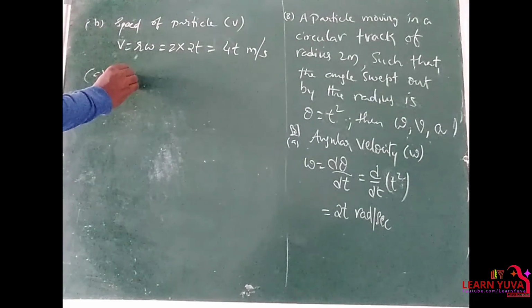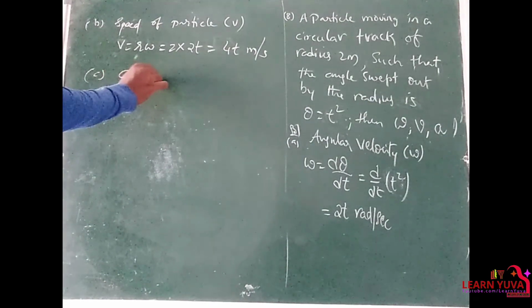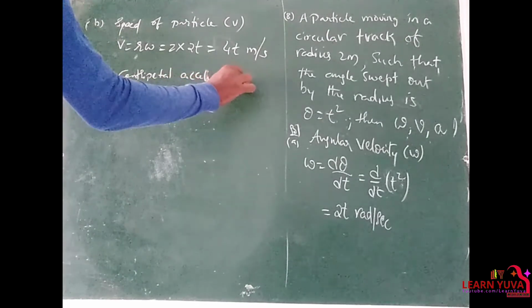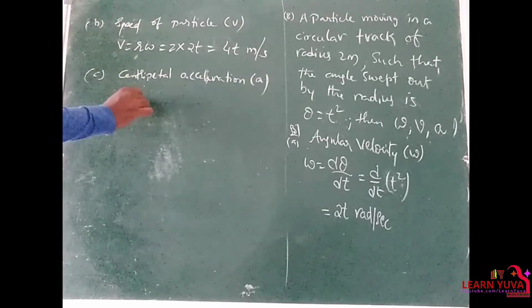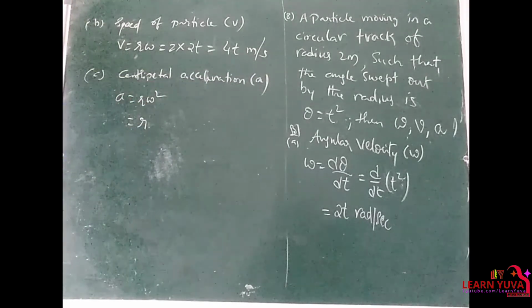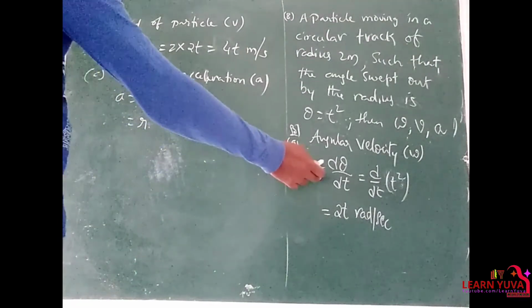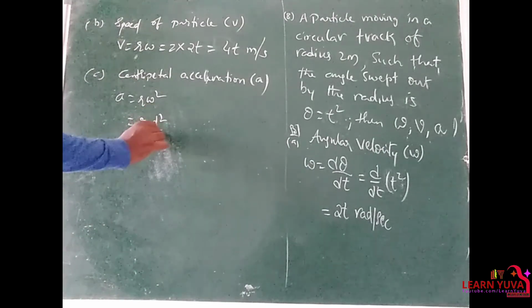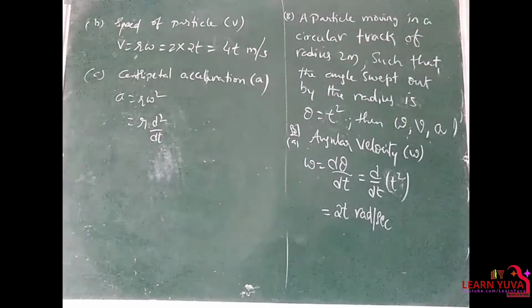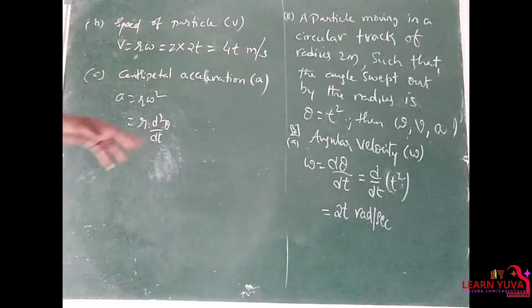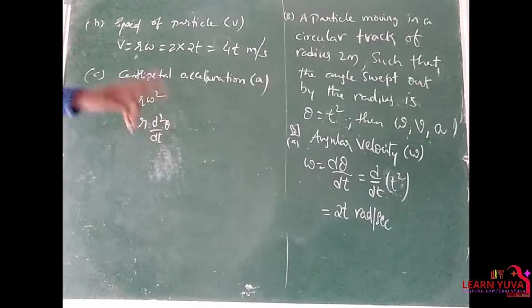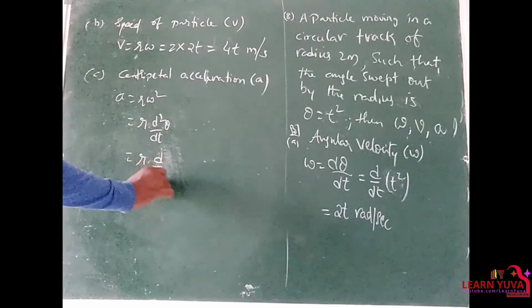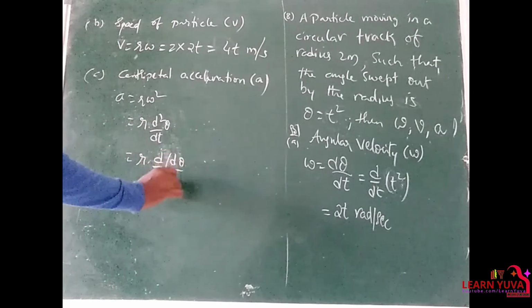So centripetal acceleration a is equal to r omega square, which is r into d by dt of d theta by dt.